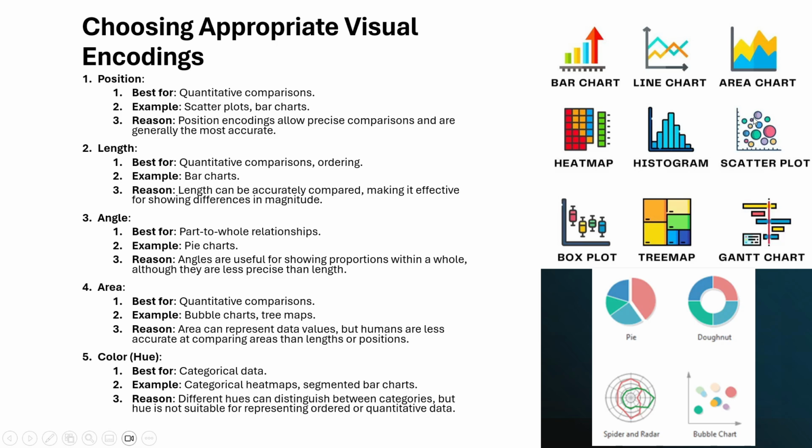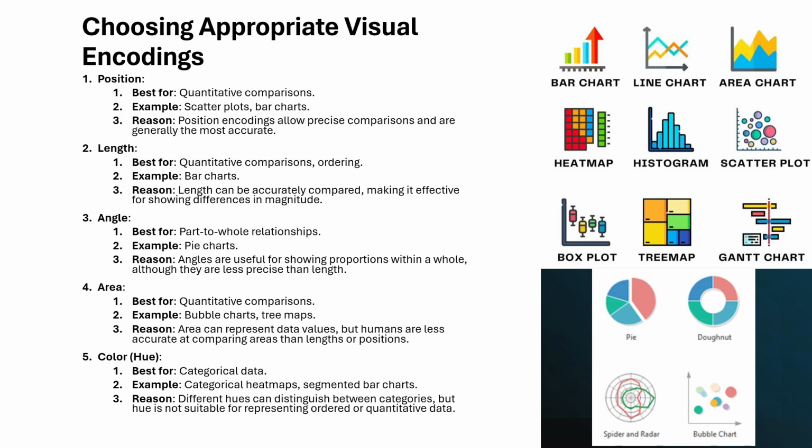If you position it somewhat higher, it is a larger magnitude. Similarly, in a bar chart, based on the position of my data point, the magnitude can be represented. So position encoding allows precise comparisons among the data values.